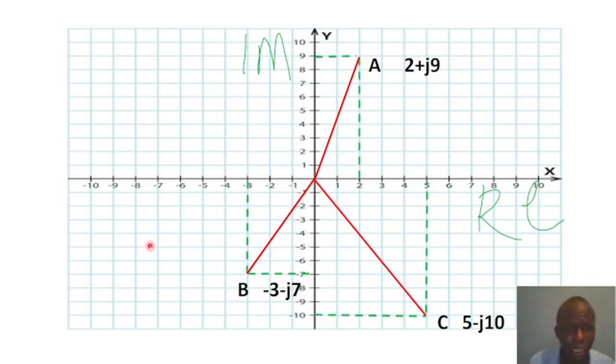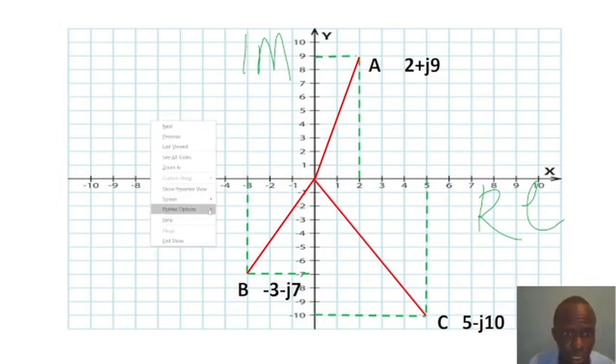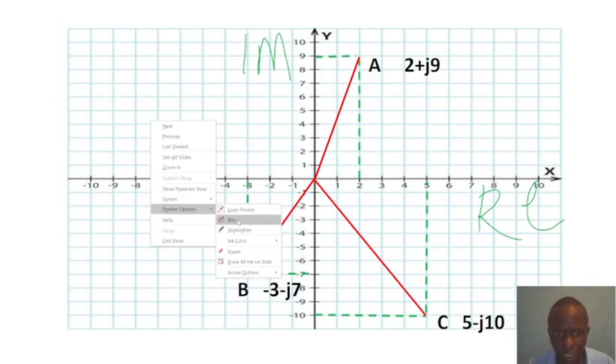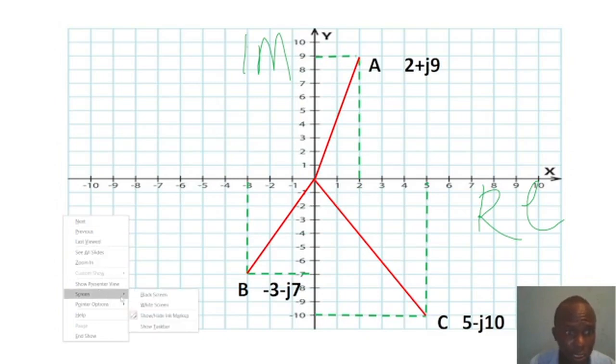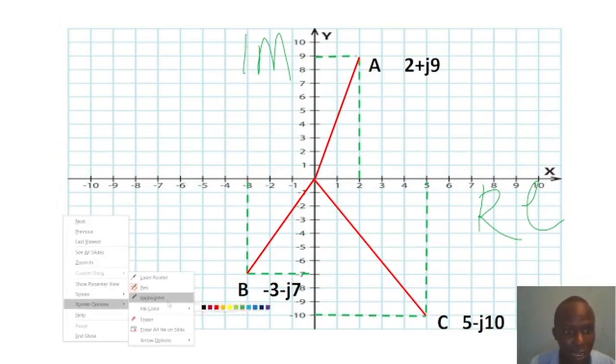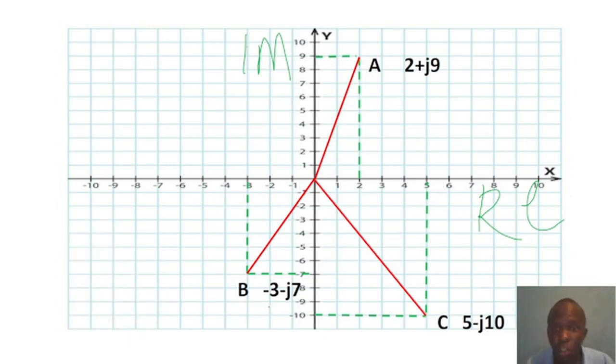Now, something else that we need to note is that the diagrammatic representation of such a number can also give us some more insights. What are they? We can get the angle that is subtended by that line.